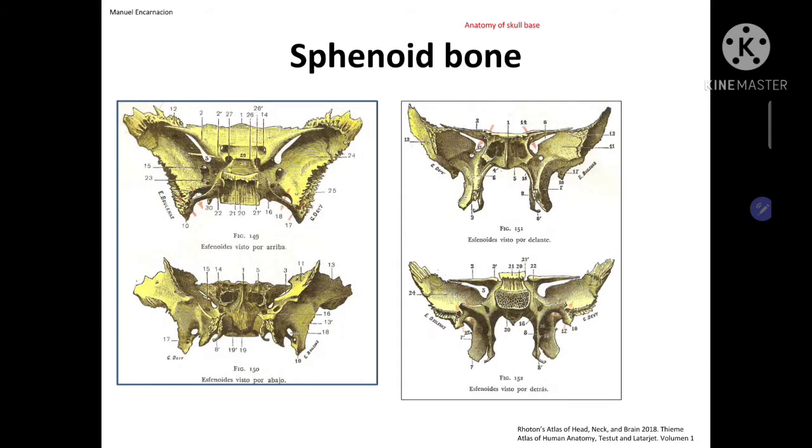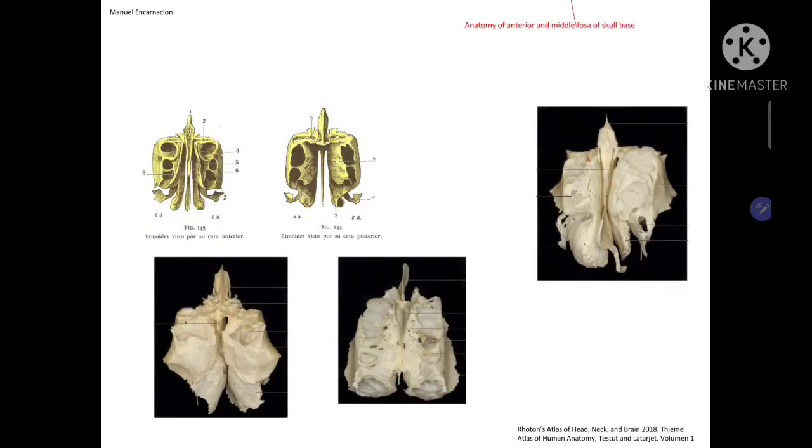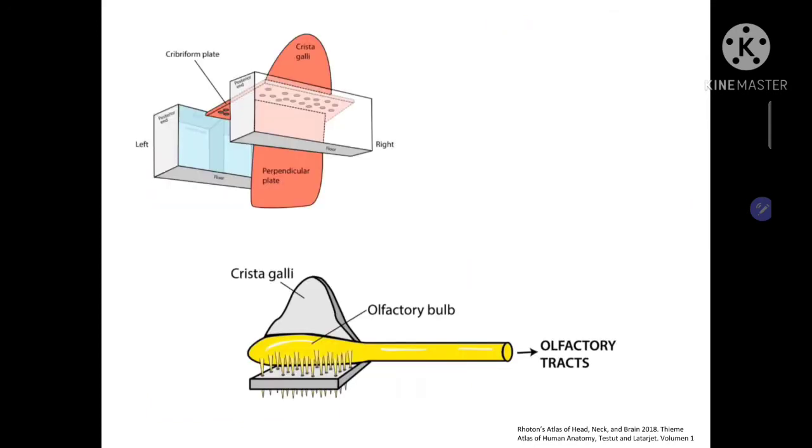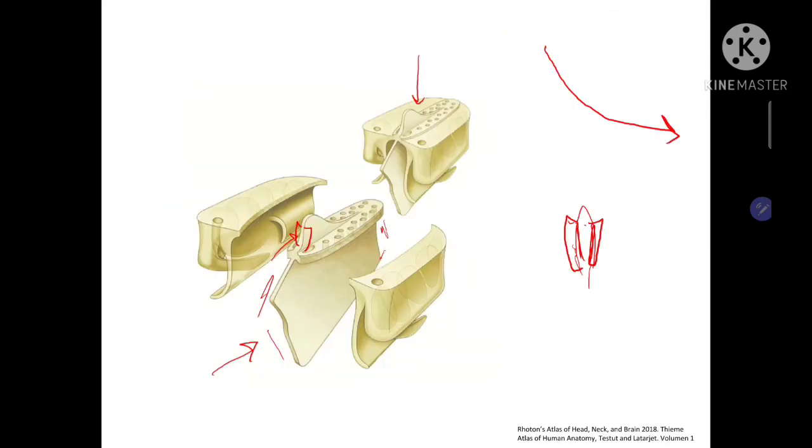You're gonna find the sphenoid crest here. And the posterior inferior border is gonna join with the anterior edge of the vomer.